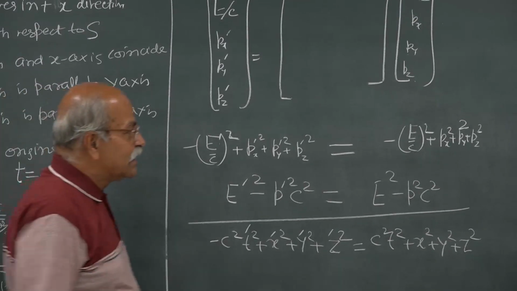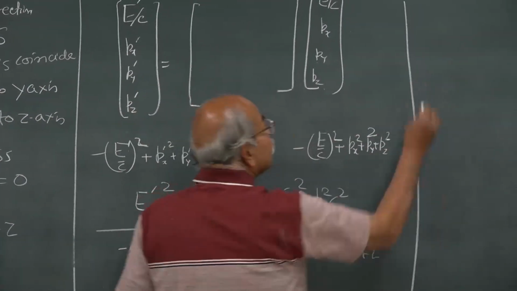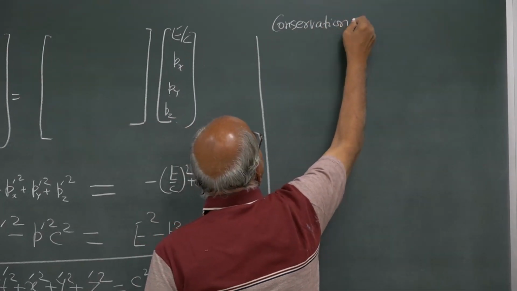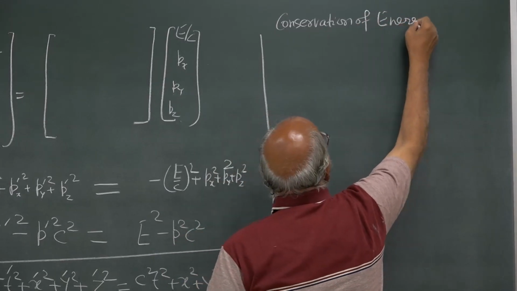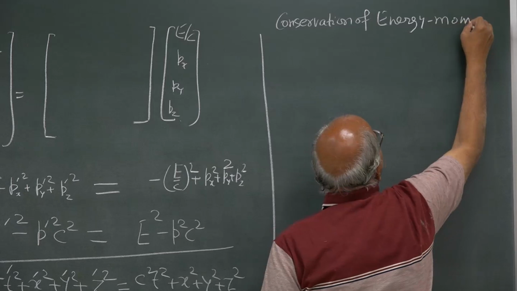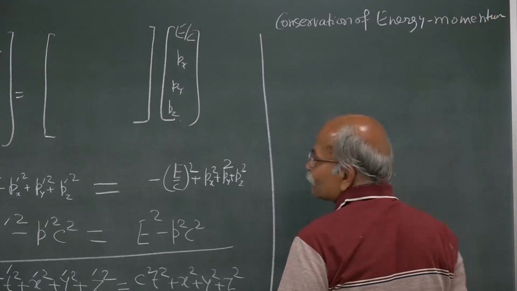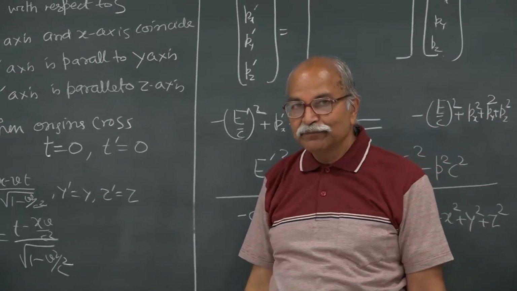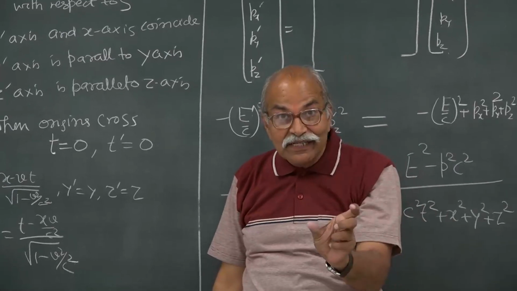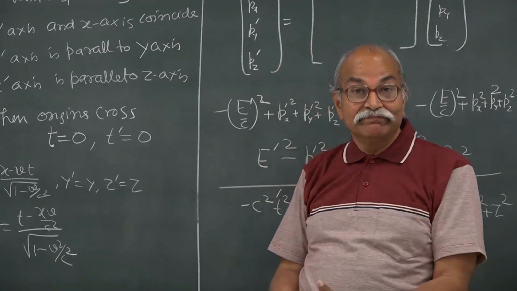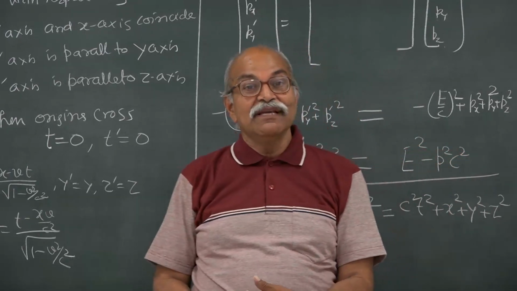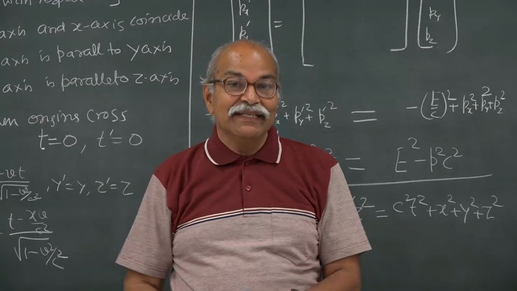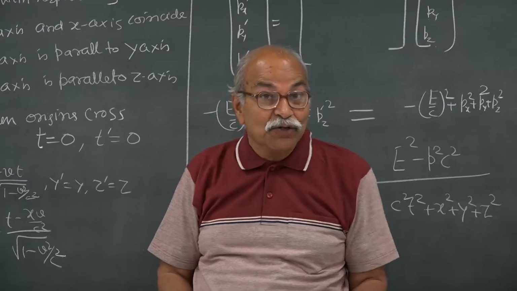Now, the last thing I want to say in this lecture is the conservation of energy momentum. You have seen from the position 4 vector that the space coordinates and time coordinates get mixed up, and we say there is one entity, space-time, and space and time are like components of it.